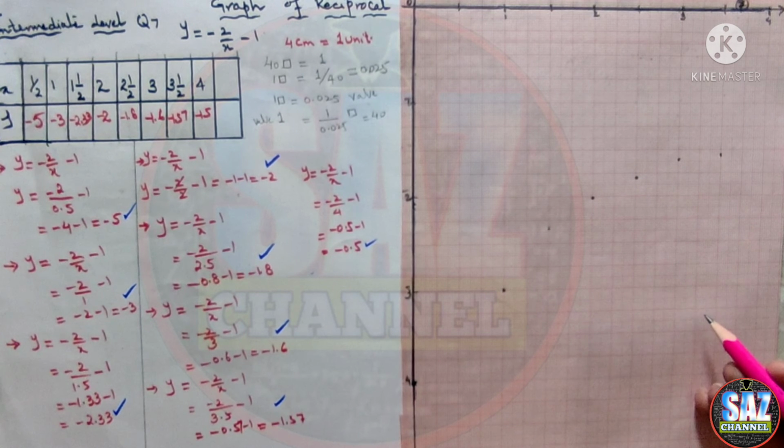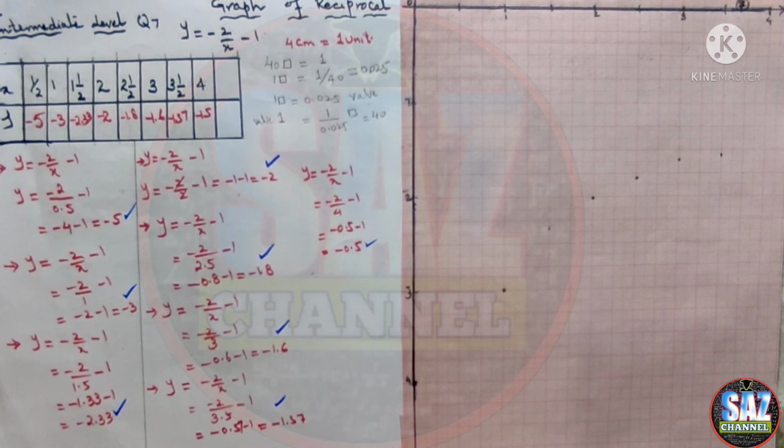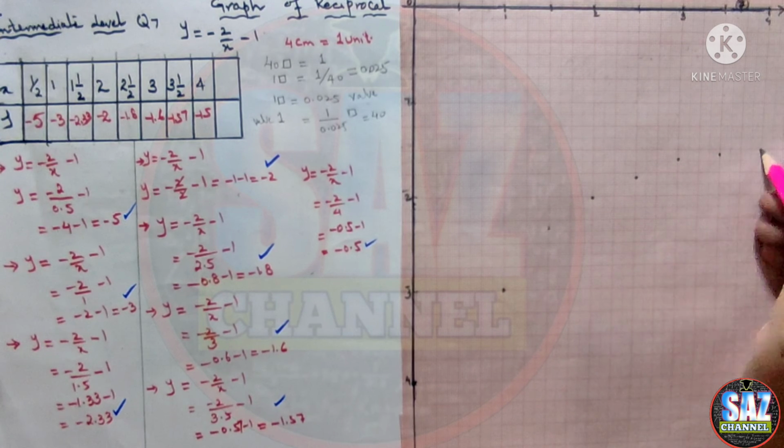And for 4, this is minus 1.5. 1.5 divided by 0.025 is 60 blocks: 10, 20, 30, 40, 50, and 60 blocks.